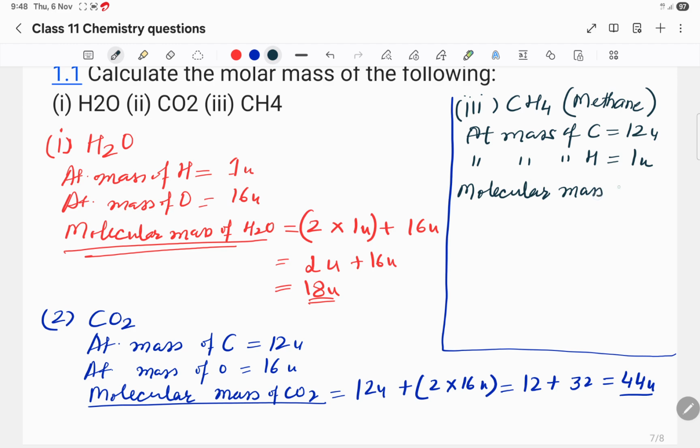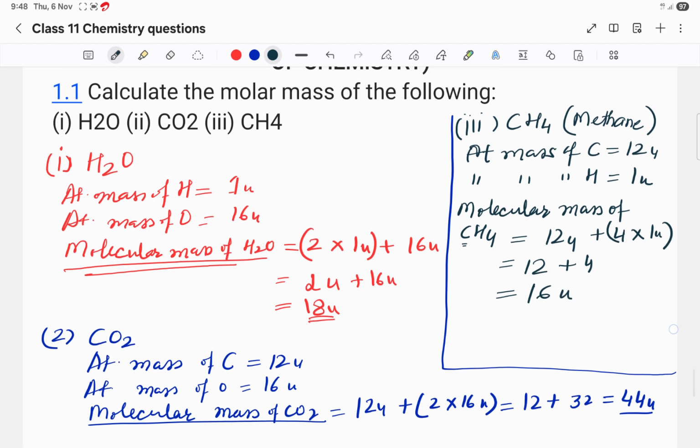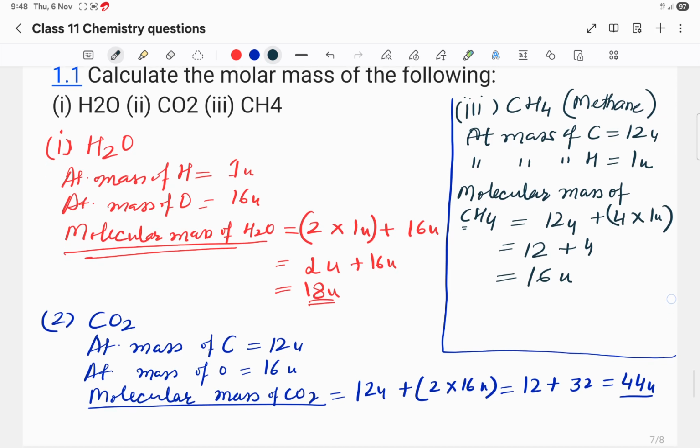Molecular mass of methane is going to be atomic mass of 1 carbon, which is 12 unit, plus there are 4 hydrogens, so 4 multiplied by 1 unit, and 12 plus 4 becomes equal to 16 units. So methane's molecular mass is 16 unit. This was the first question of the exercise.